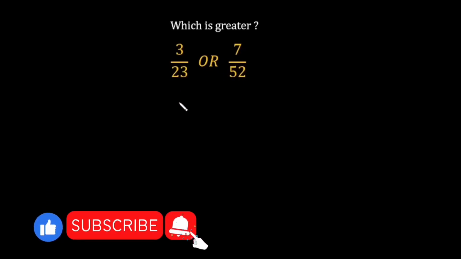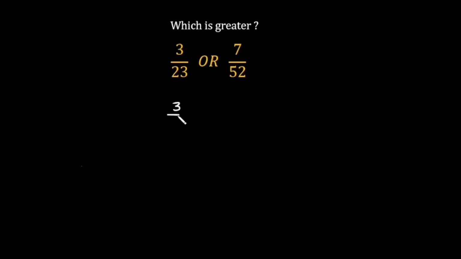If we write 3 over 23 on the left hand side and 7 over 52 on the right hand side, the operator in between could be less than, equal to, or greater than. For the time being, I'll put just a question mark in between, and we will find out which operator out of these three fits in between.